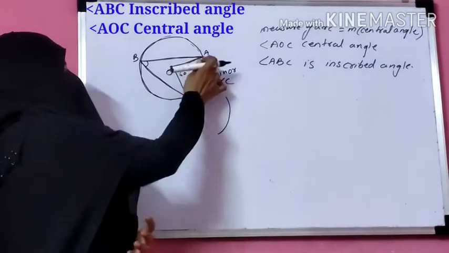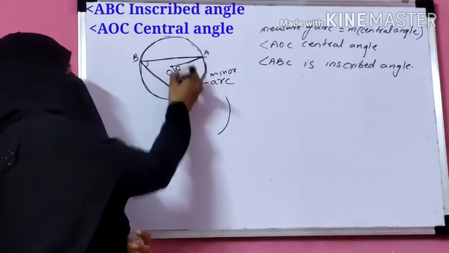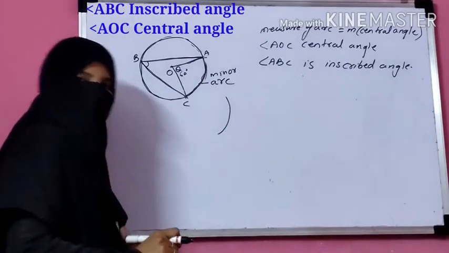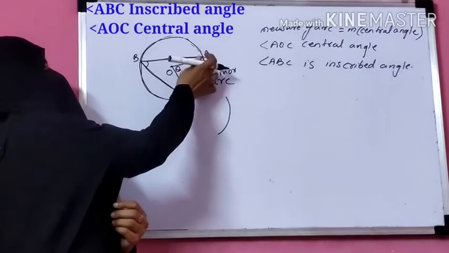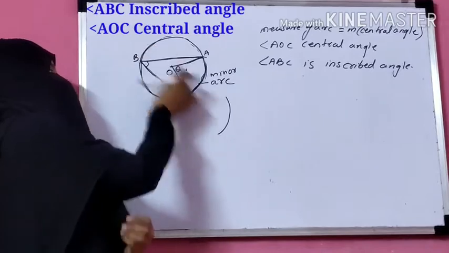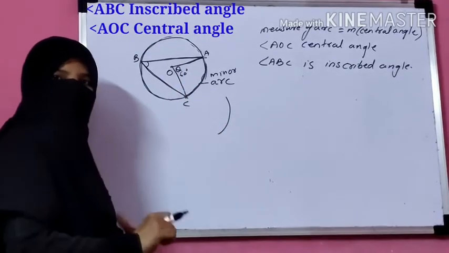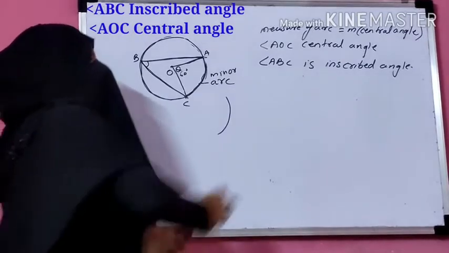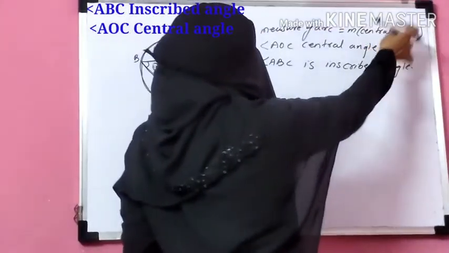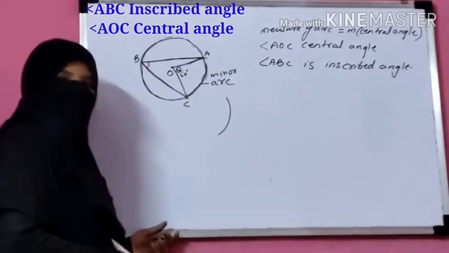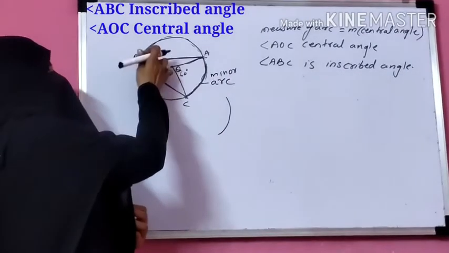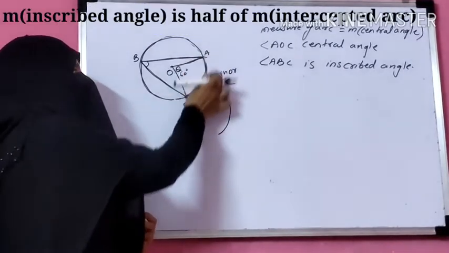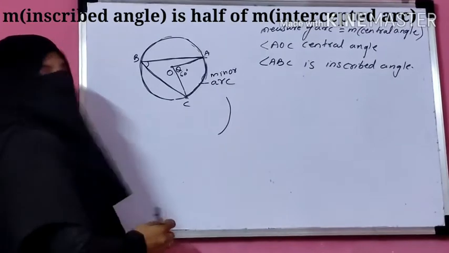The angle whose vertex lies at the center of a circle is the central angle, and the angle whose vertex lies on the circumference of a circle is called the inscribed angle. And you know that the measure of an arc is equal to the measure of the central angle. Then the measure of an inscribed angle is half of the measure of the intercepted arc.